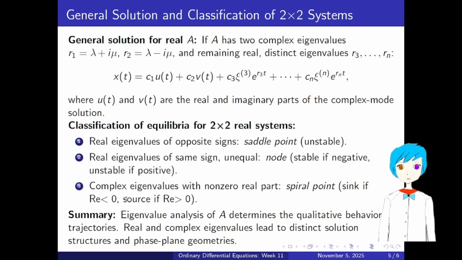Finally, if the eigenvalues are complex with non-zero real parts, then the equilibrium is a spiral point. In this case, if the real part is negative it is a sink, and a source if the real part is positive.